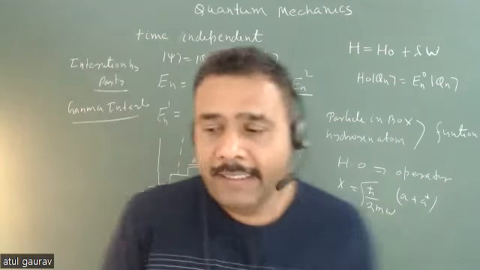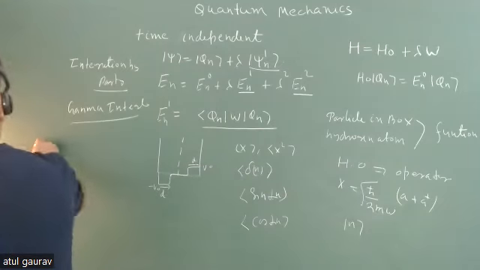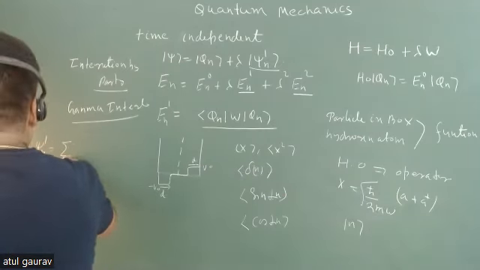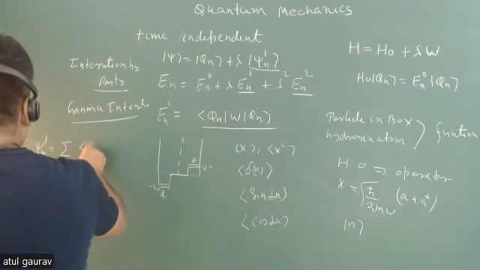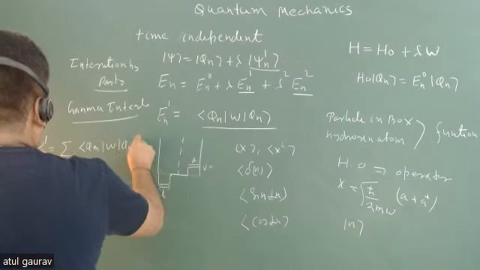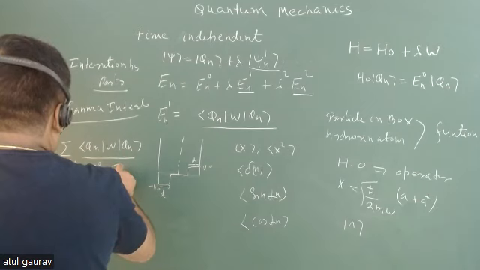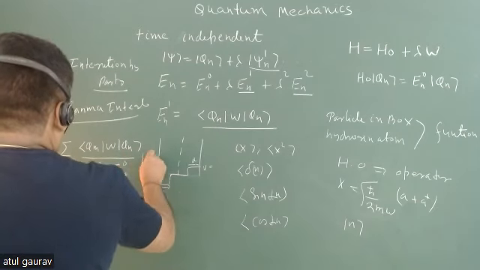And then you have to go for psi n1. What is psi n1? Psi n1 is the sum over m not equal to n of phi m W phi n, divided by En0 minus Em0, times phi m.